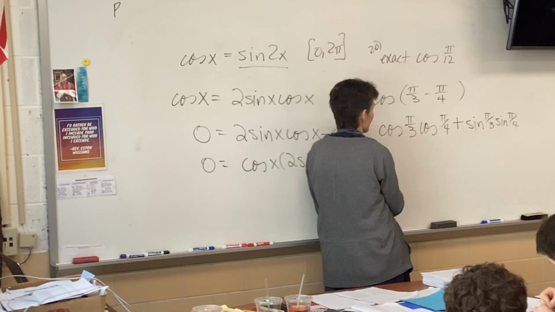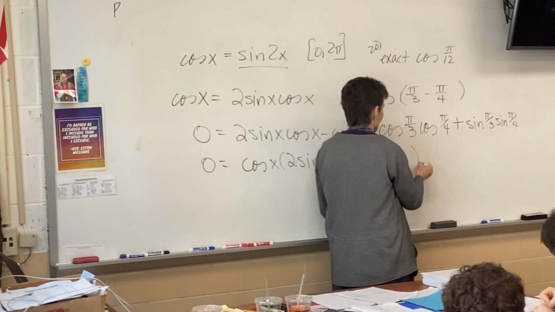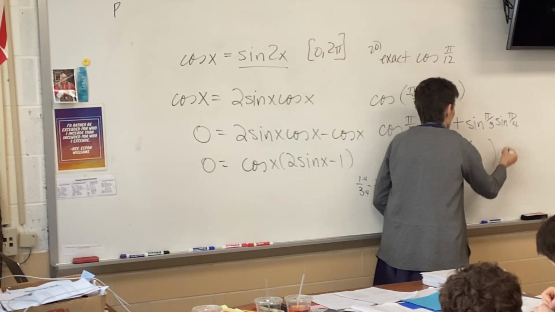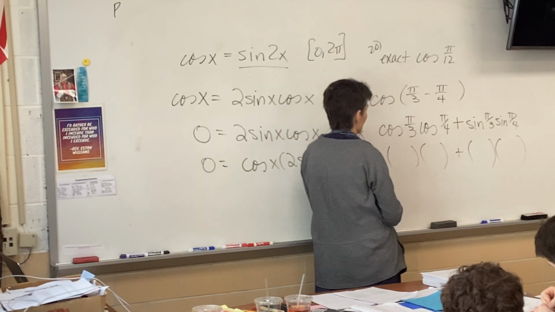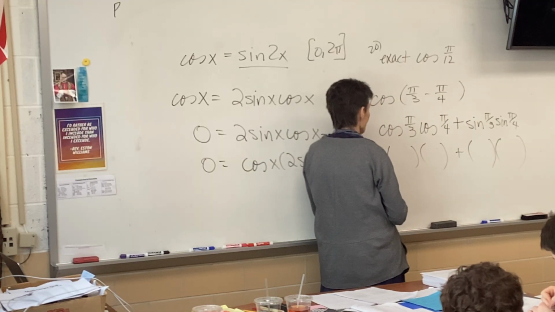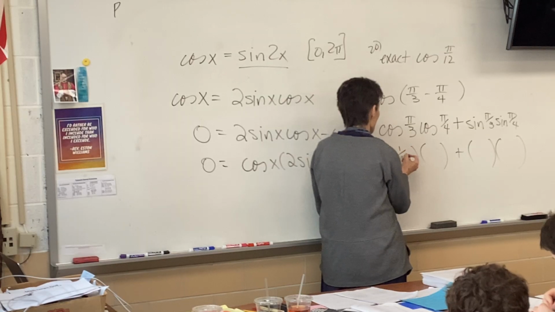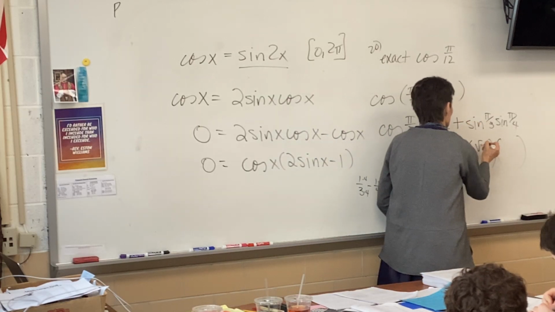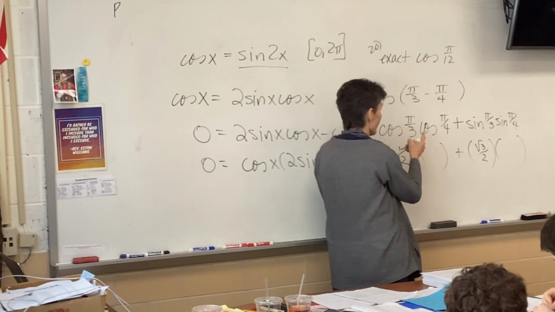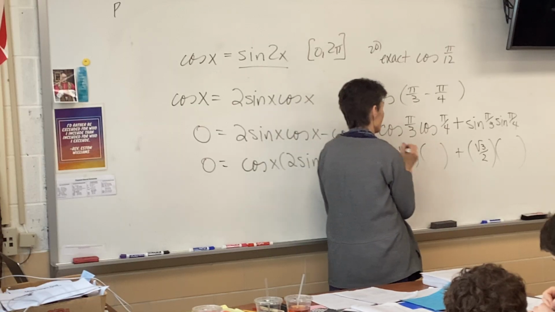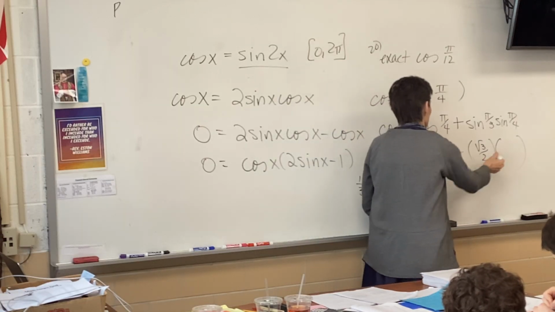All right, here we go. Pi over 3, cosine is 1/2, and sine is square root of 3 over 2. Pi over 4, they'll both be square root of 2 over 2.